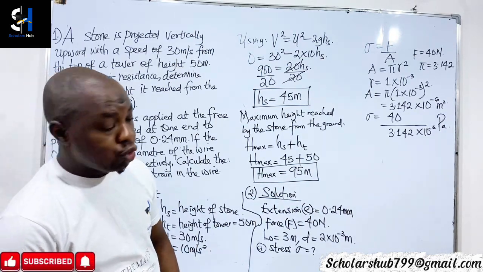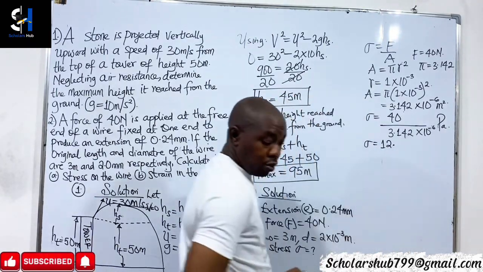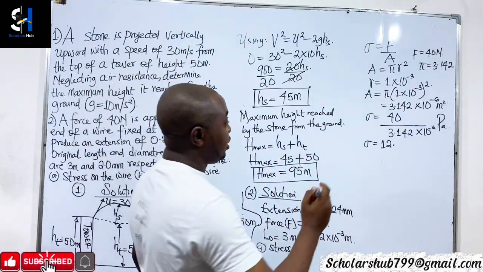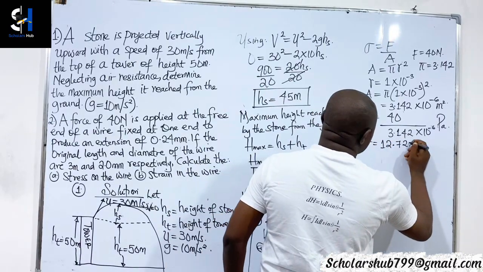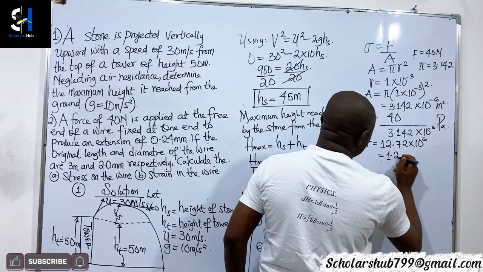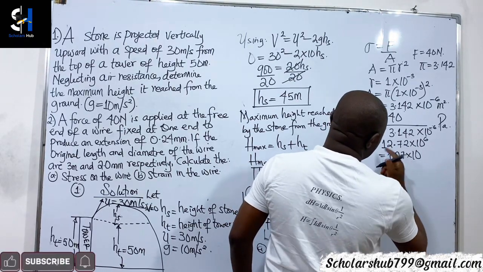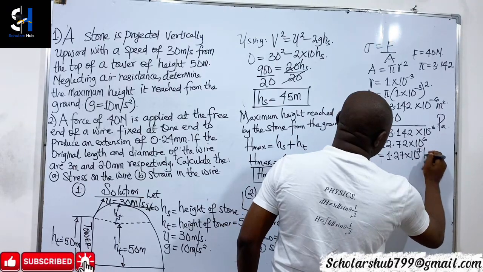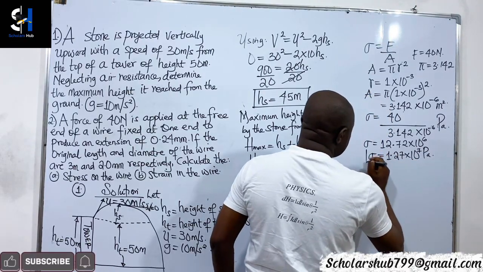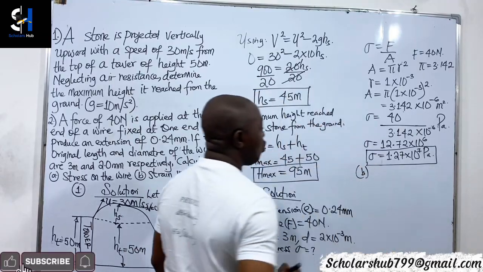That will be 12.73, then times 10 raised to the power of 6. So this will be 12.7 times 10 raised to the power of 7 Pascal. So this is the stress in the wire.